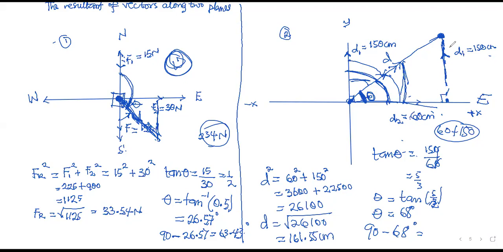Once you have opposite and adjacent, you can use the trig ratio tan to find the angle. Then you can use the angle to find the angle it makes with the y-axis. That's why I'm using tan. But once we have the hypotenuse, we can equally use cosine or sine, and the answer must be the same. Emelda, are you fine? Yes.